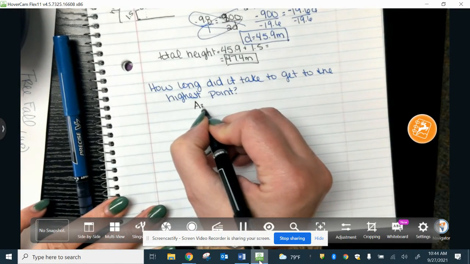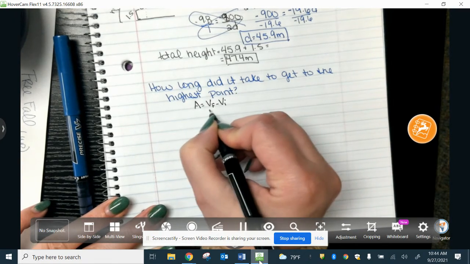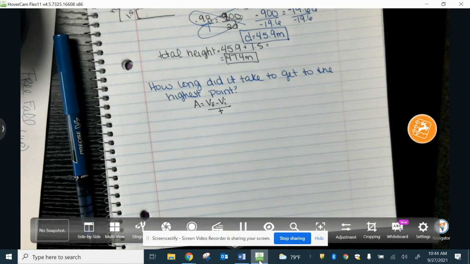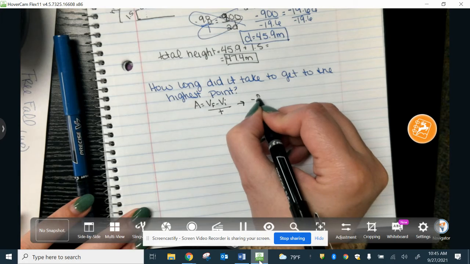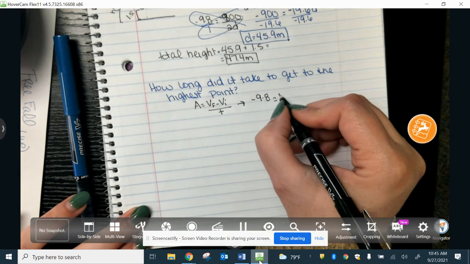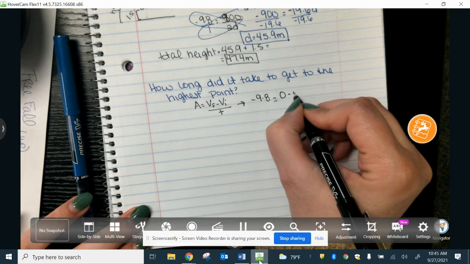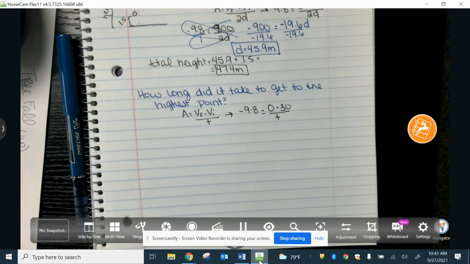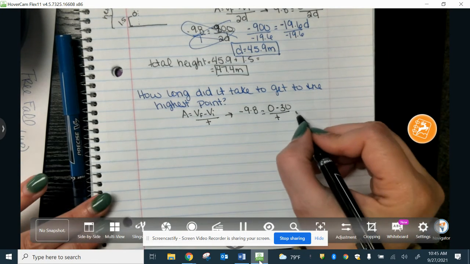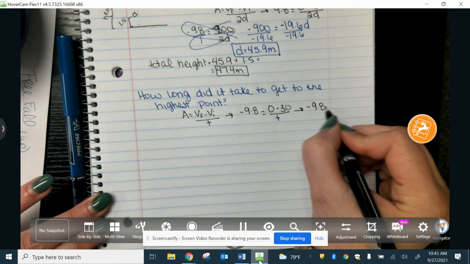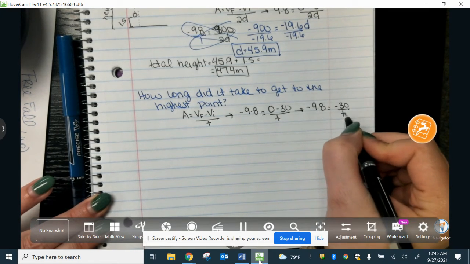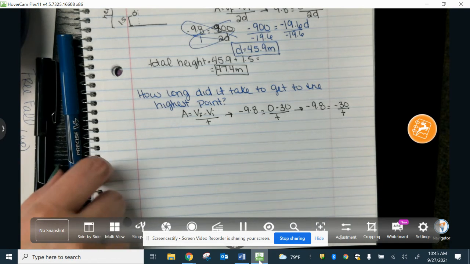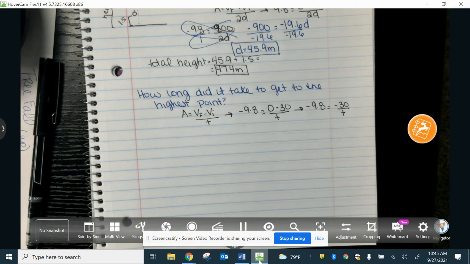So I'm going to go acceleration equals vf minus vi over time. Once I plug everything in and simplify, it's going to be negative 9.8 equals negative 30 divided by t.